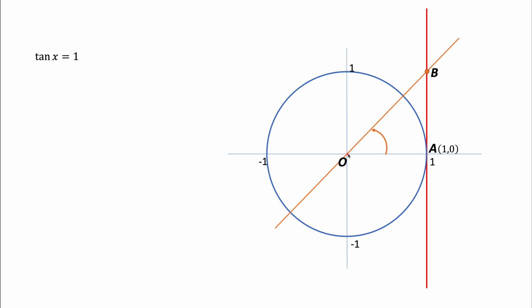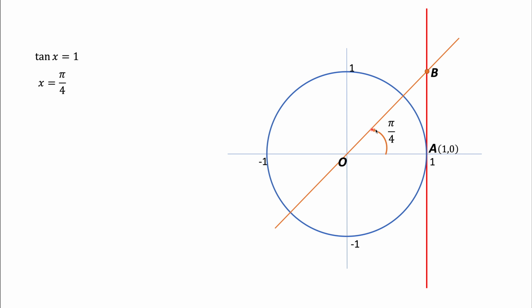In this case, I have an isosceles triangle that has two congruent angles. This angle we are interested in and the other one, angle B. And those angles have to be 45 degrees, or in radians, pi over 4. Okay? So pi over 4 is one of those angles.